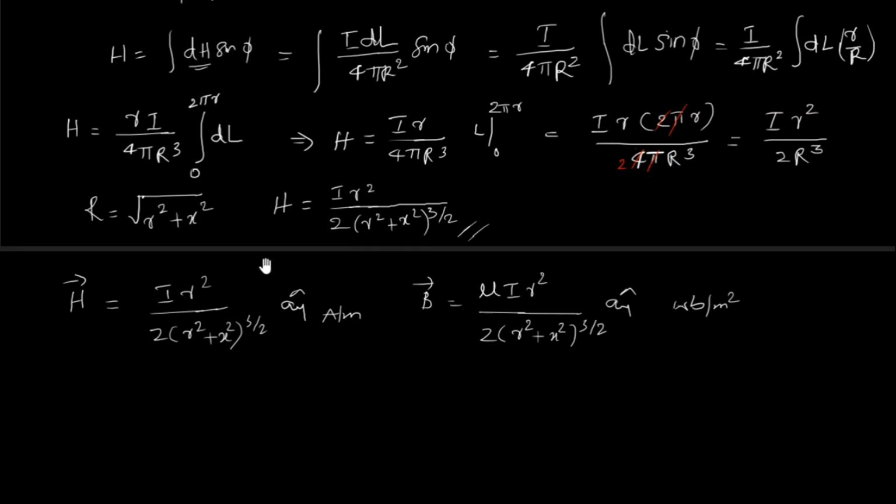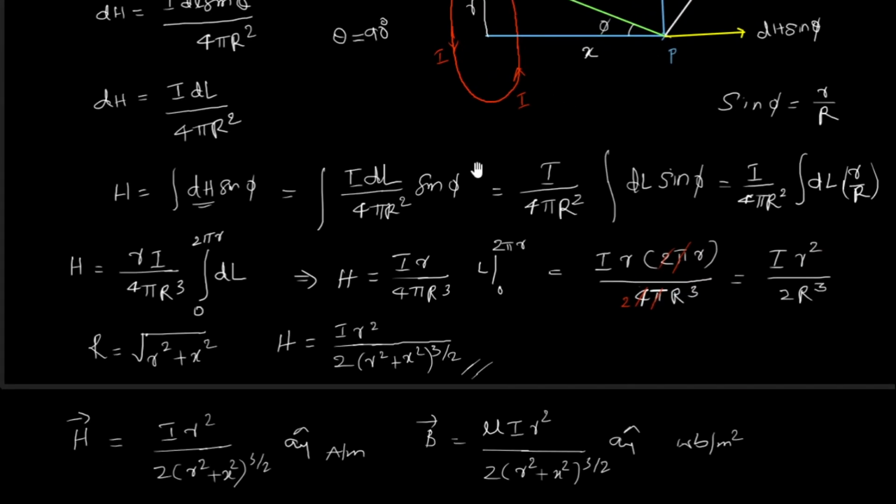Once the radius of the circular loop is known to you, and the distance where the point P is located is given, and the current carried by the conductor is known, you can easily calculate the magnetic field intensity. You just derived a magical equation now.